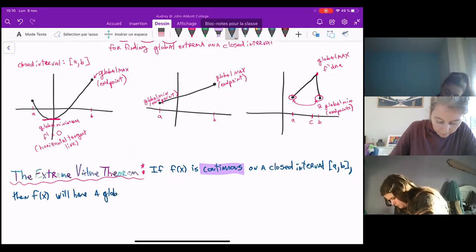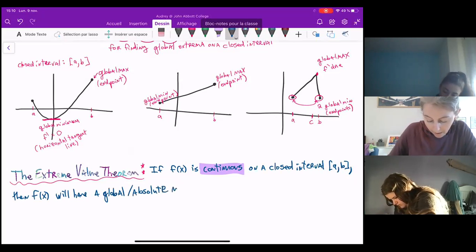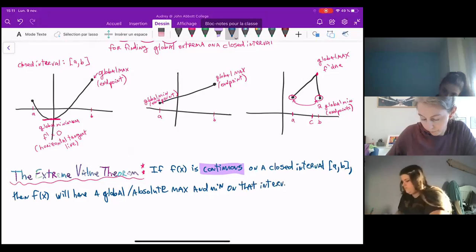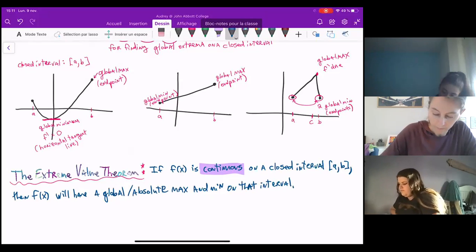And remember, we said global is sometimes referred to as absolute. So we'll have global or absolute max and min on that interval. And that is the extreme value theorem.